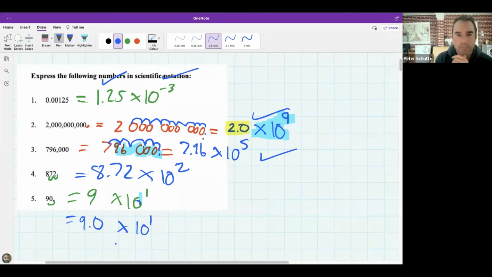Is it fine if for question 5 I left it as 9.0 times 10 without the 1? That's also fine. In scientific notation, we do like to see the power. So I would say, please put it in if you can, but the fact that you left it out, the assumption is 1, so you're not wrong. But generally you would put the power in with scientific notation.